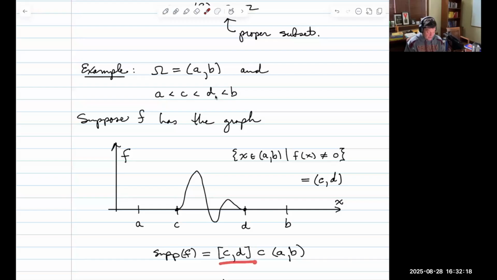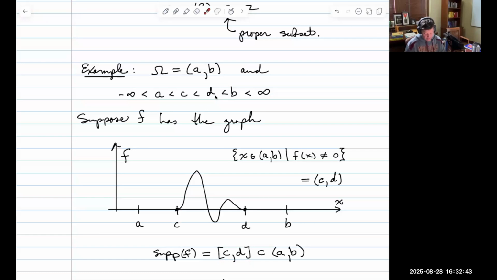All right, so this function looks like it has compact support because the support is closed. It's also bounded because we assumed, well, let me go a step further. We'll assume that a is greater than minus infinity and b is less than infinity. You probably don't have to say that, but there are these things called the extended real numbers, which are useful sometimes. So we know that this set is bounded.